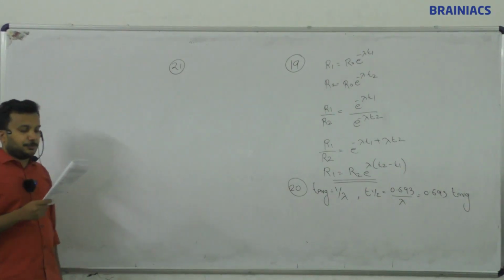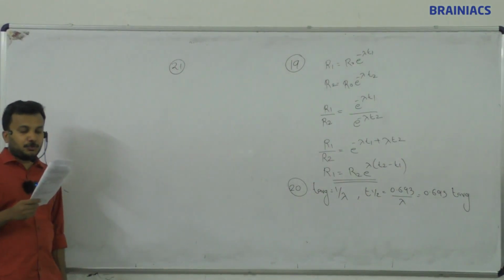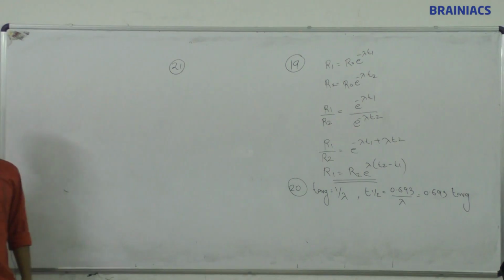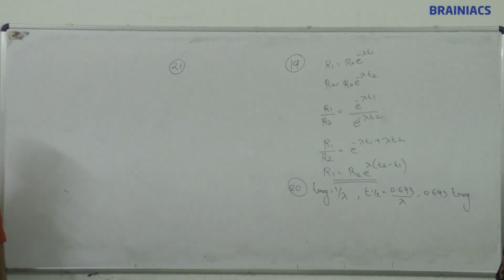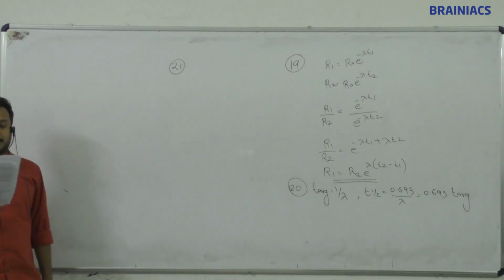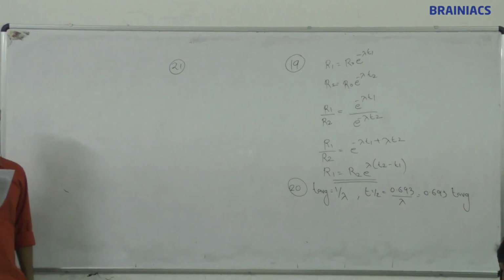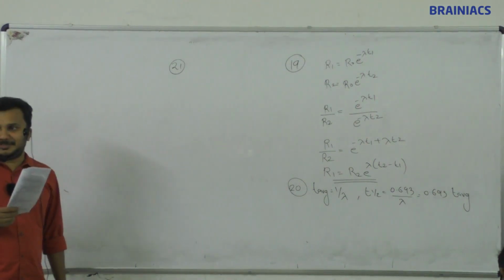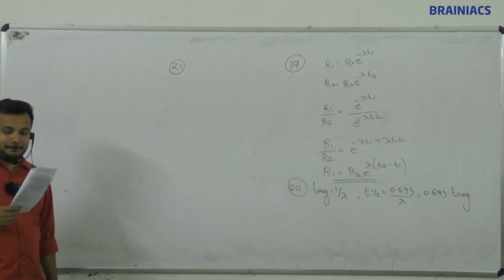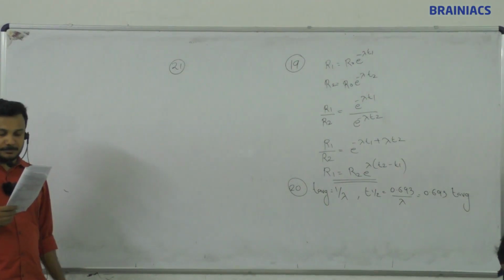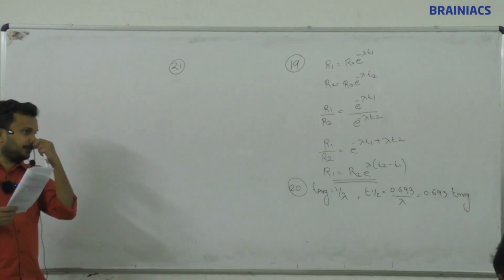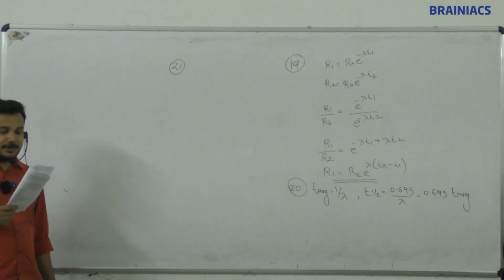If the nuclear forces between two protons, two neutrons, and between proton and neutron are denoted as FPP, FNN, FPN respectively, then what's the answer? Nuclear force between proton and proton, neutron and neutron, proton and neutron: all same or different? All different.